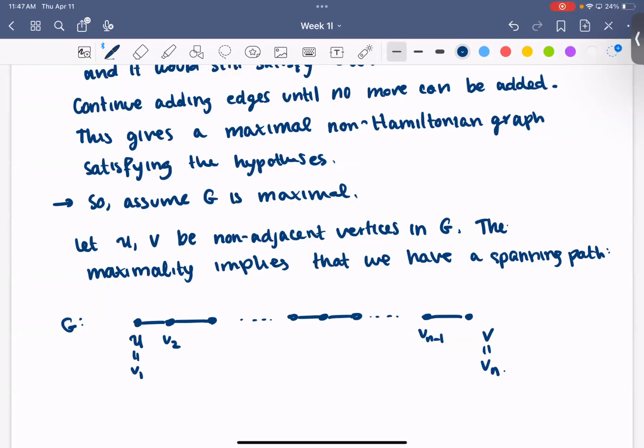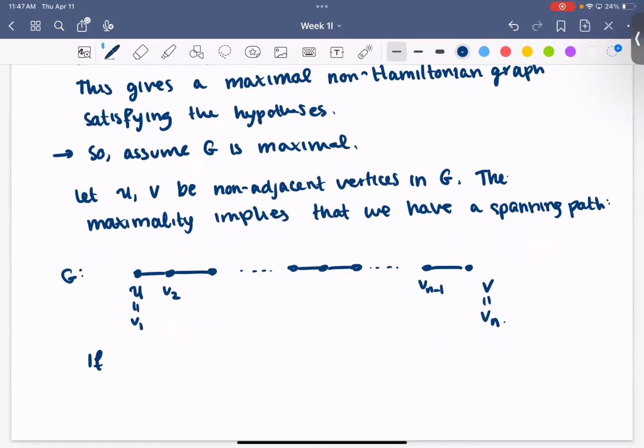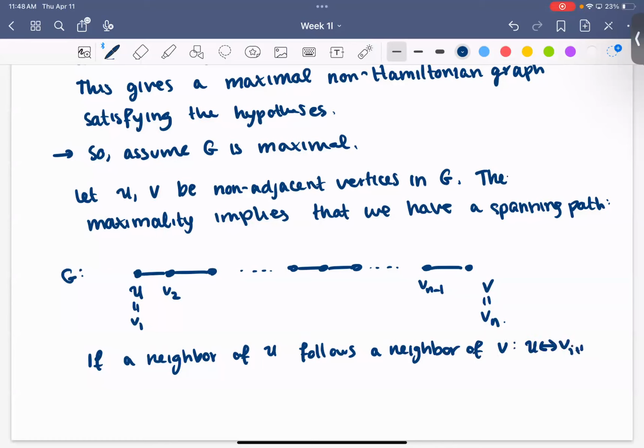So let's observe that if a neighbor of U directly follows a neighbor of V, so if U is connected to V(i+1) and V is connected to Vi, then there is a spanning cycle.